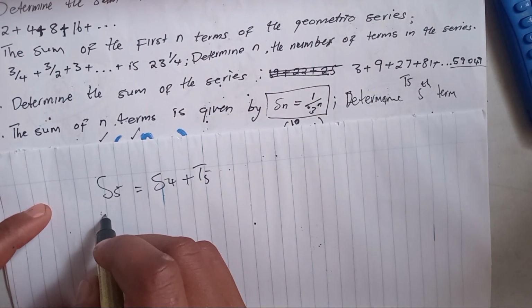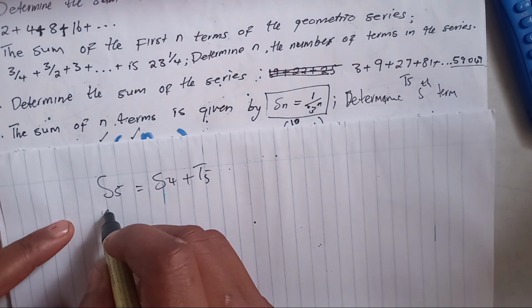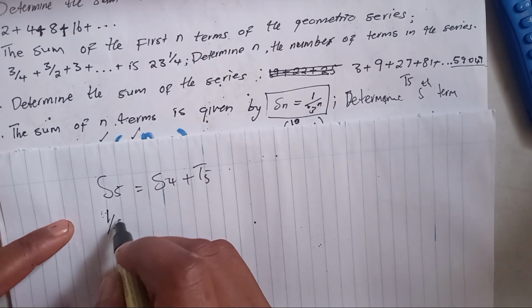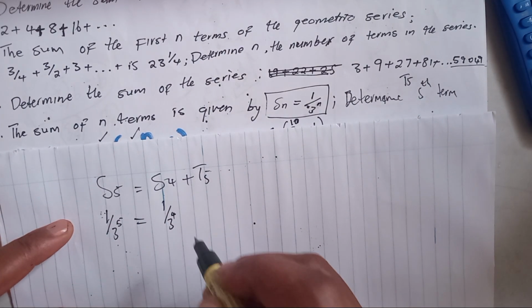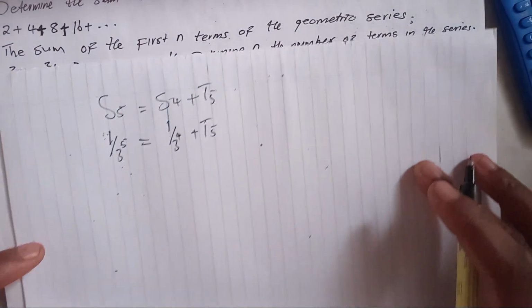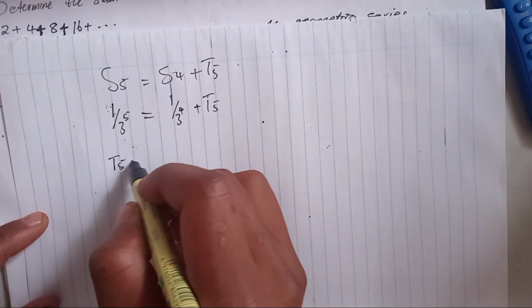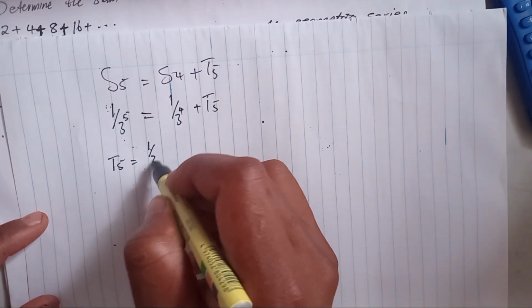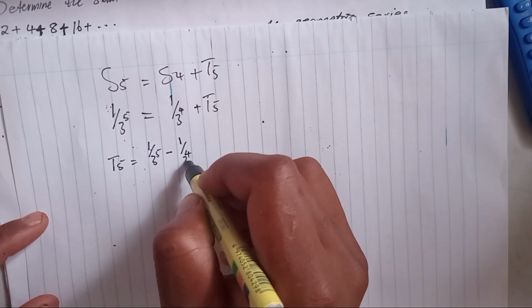Since we have 1 over 3 exponent n, S5 is going to be 1 over 3 exponent 5, which equals 1 over 3 exponent 4 plus T5. And then it's going to be simple that way. We take this one to the other side, and it means that our T5 is going to be 1 over 3 exponent 5 minus 1 over 3 exponent 4.